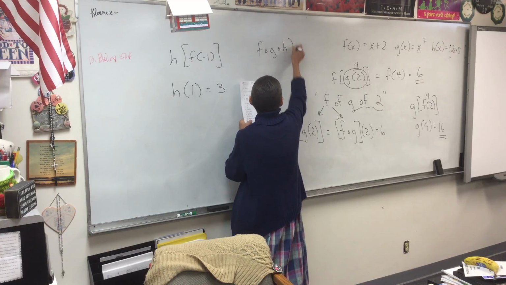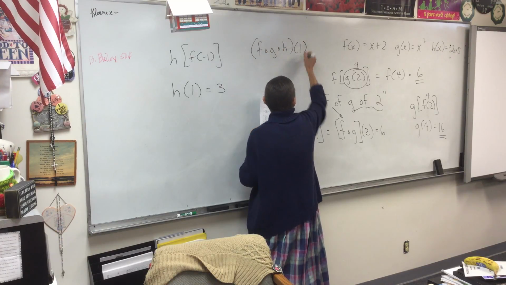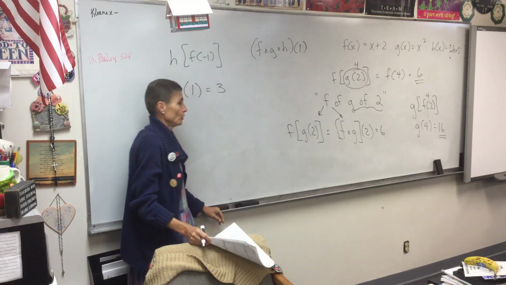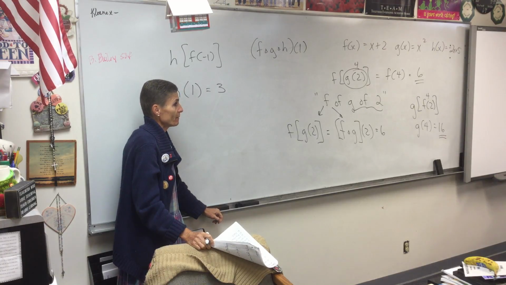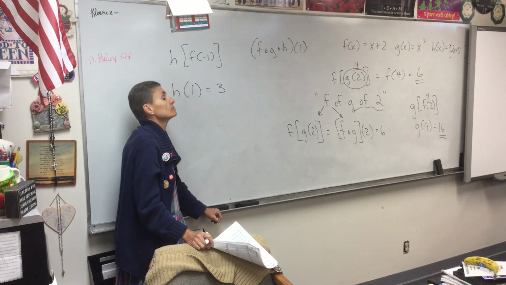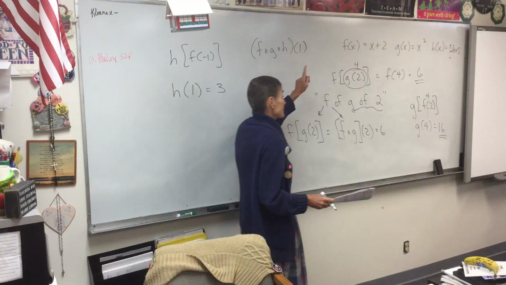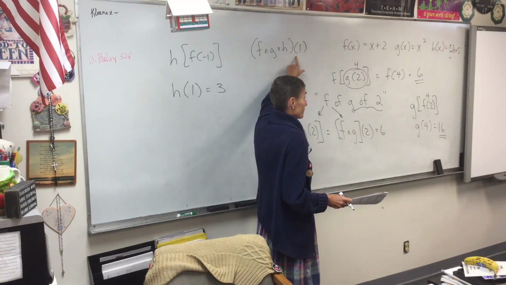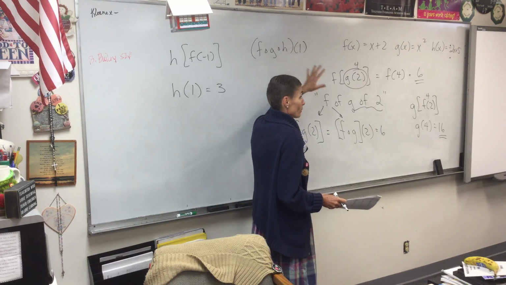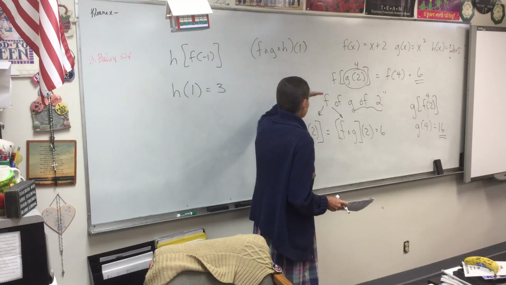Oh my gosh, look at K. F of G of H of 1. Oh my gosh. Lucas, you got a thought on that? How we might start that? I'm going to put 1 somewhere. Where do you think I'm going to put 1? Yeah, remember, let's read it.